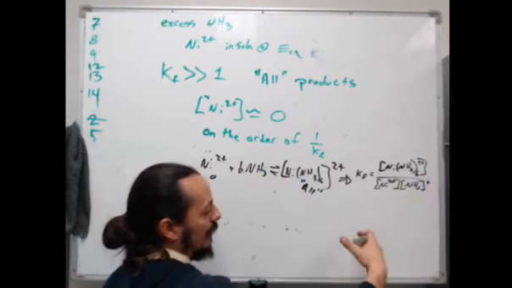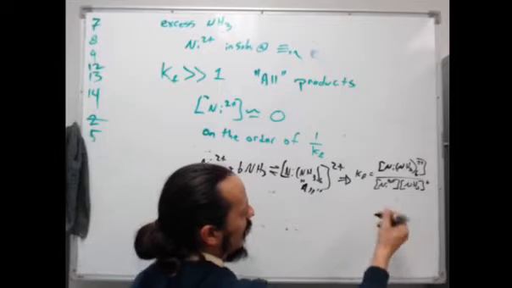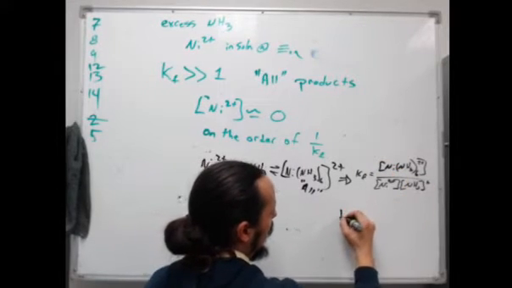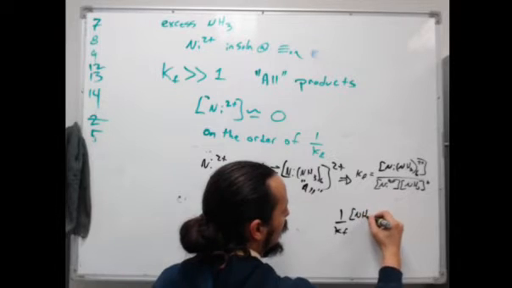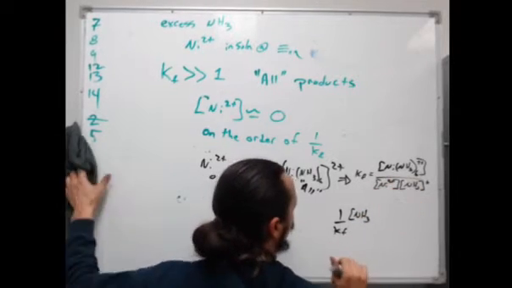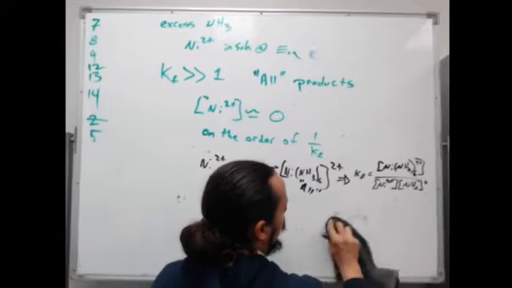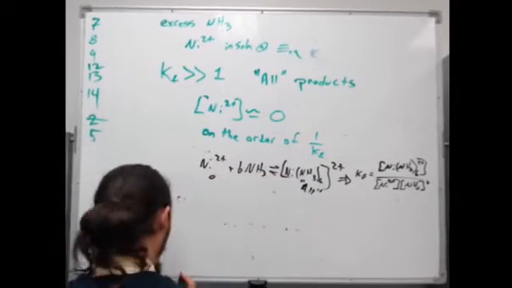Now if I reverse this, I'm going to have my K reverse, 1 over KF, times my NH3 if I did the reverse.